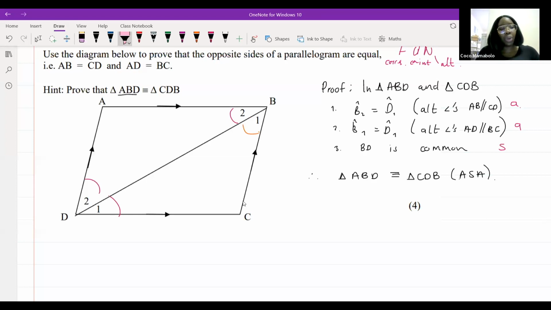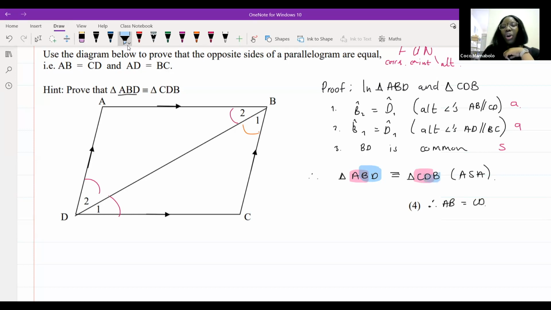Now we're going to say that side AB is going to be equal to side CD. And that's why the order in which we wrote them is important. Because we've proven congruency, we can say that, therefore, AB is equal to CD. We can also then say that side BD is equal to which other side? What is side BD equal to?